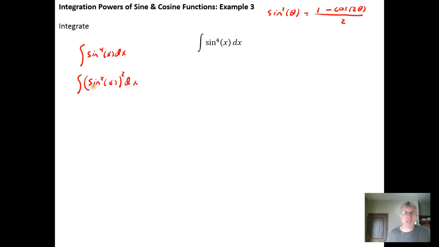So we step over here and we're going to take the sine squared and replace it with this. And the idea behind this is that we know how to integrate a first power of a sine or cosine function. So we're trying to get it to a position where we have only first powers so that we can integrate it using integration rules we've already learned. So here we integrate, we get 1 minus the cosine of twice whatever is inside of here.